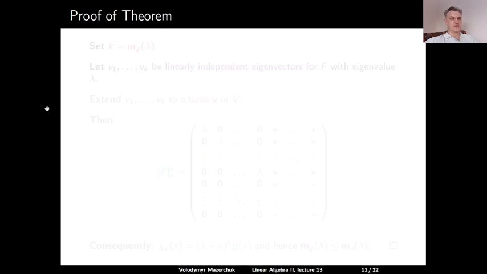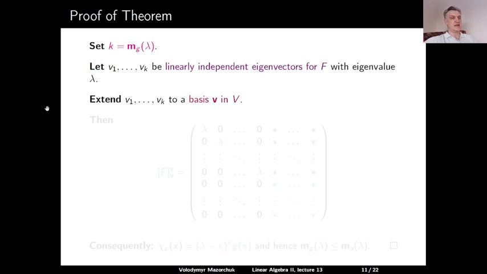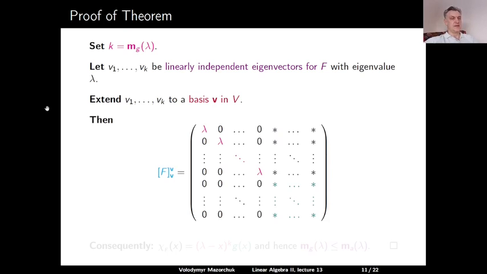So here is a proof of the theorem. Let us denote by k the geometric multiplicity of lambda. Then by definition, we have k linearly independent eigenvectors of F with eigenvalue lambda. Let us extend this set of linearly independent eigenvectors to a basis bold V in V. Then, in this basis, the matrix of F has the following form.